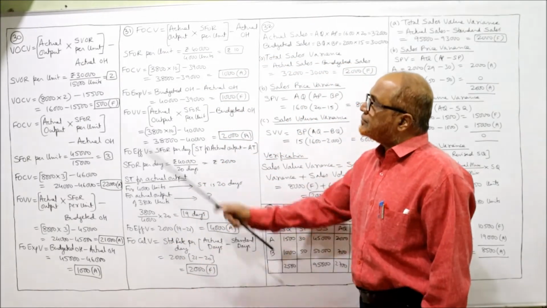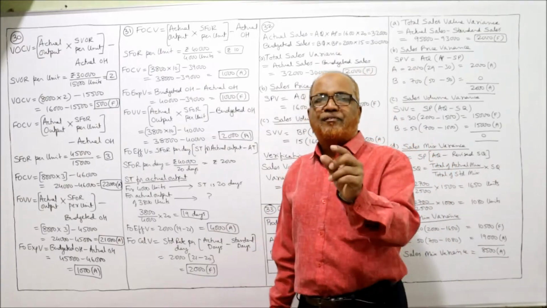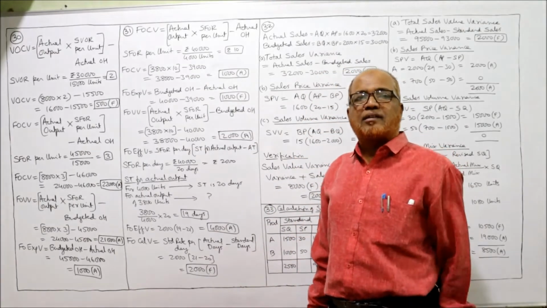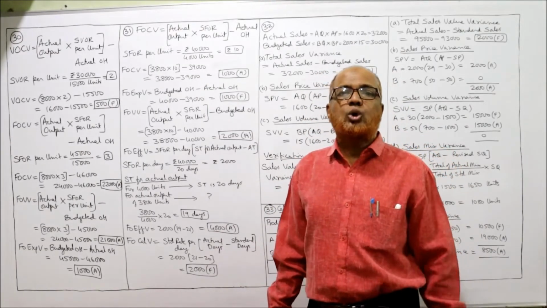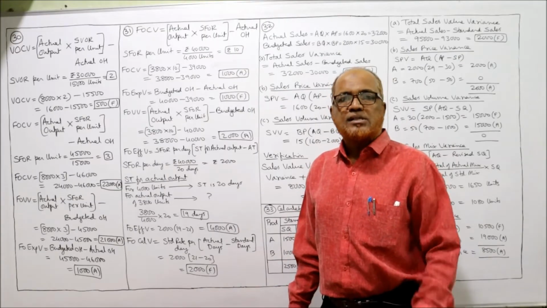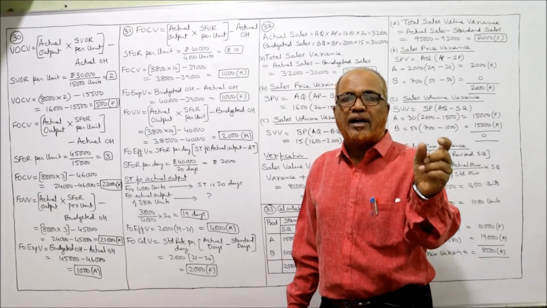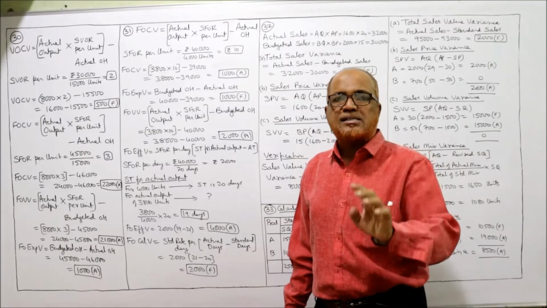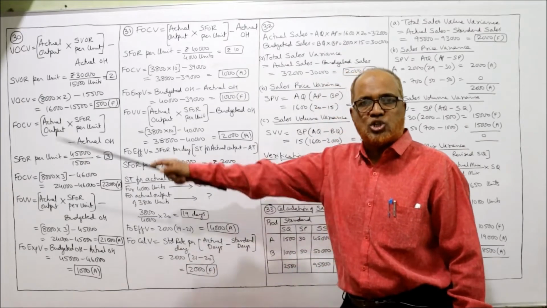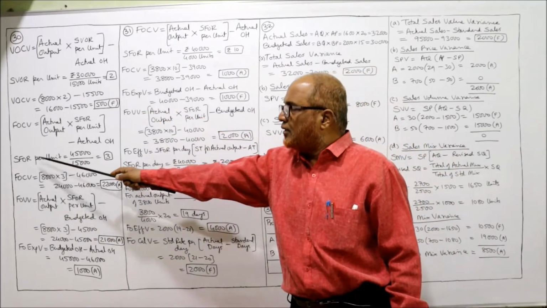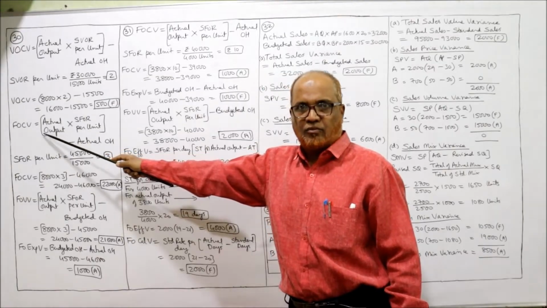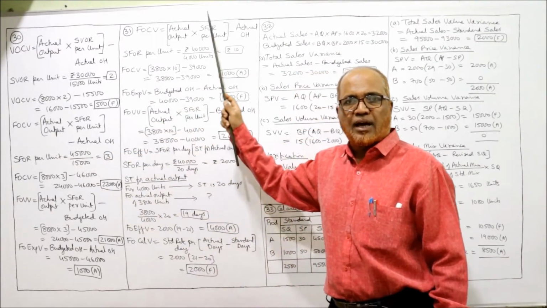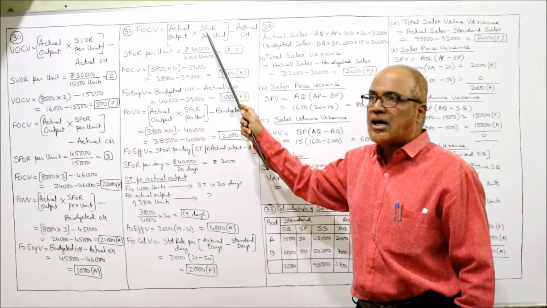Now see carefully. FOCV, fixed overhead cost variance, is equal to actual output into standard fixed overhead rate per unit minus actual fixed overheads, just like the previous problem. What we applied in the previous problem, exactly the same we have to apply in the current problem.